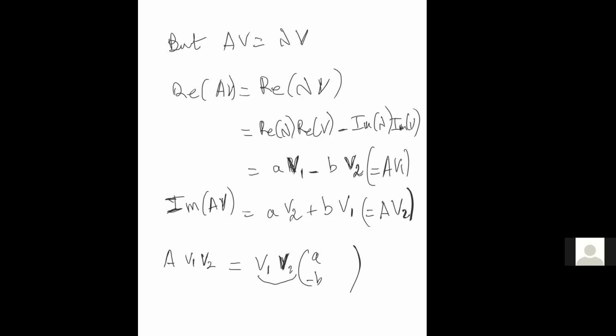And here, to get A V2, I will work with the product of the matrix times the second column. And I want that to be a V2 plus b V1. So I have to write that.